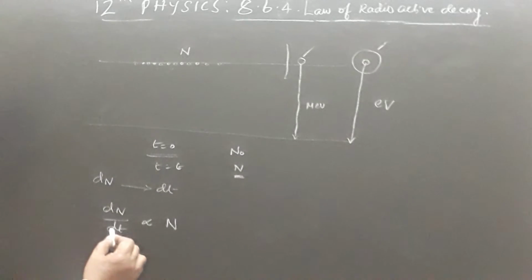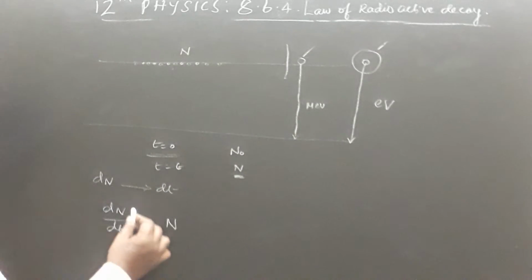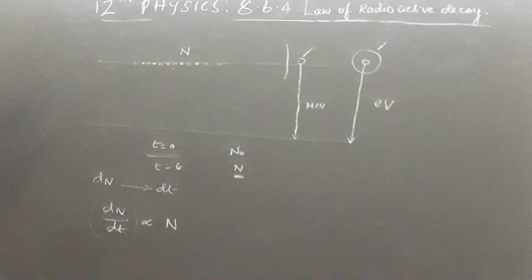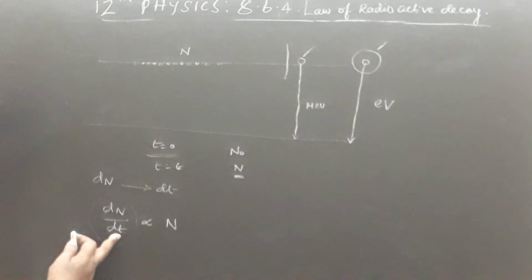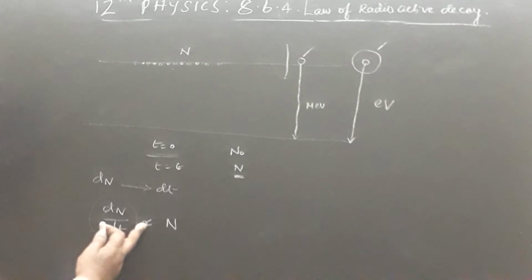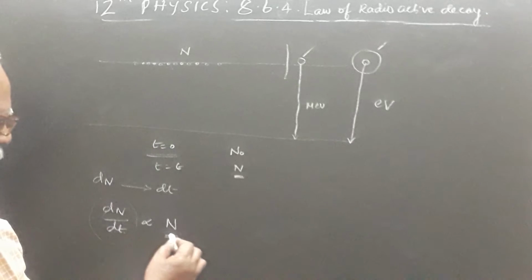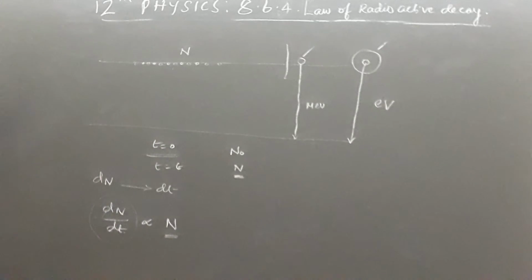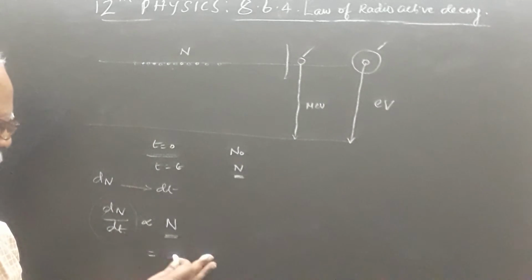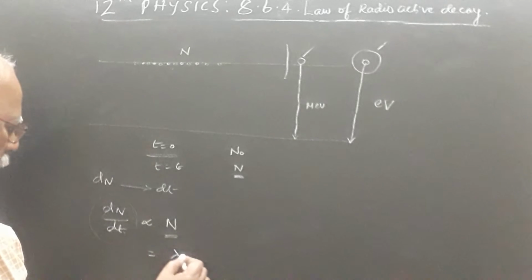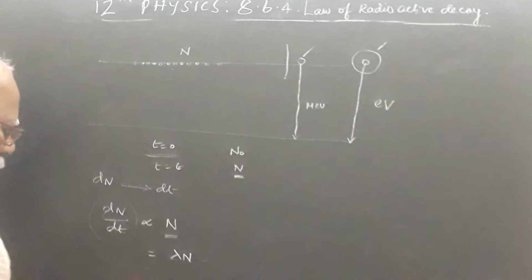When dt is the smallest time, the decay is also smallest. When you say decay per unit second, it is proportional to the number of nuclei at that moment. So we write dN by dt is proportional to N, and putting an equality constant, lambda into N.